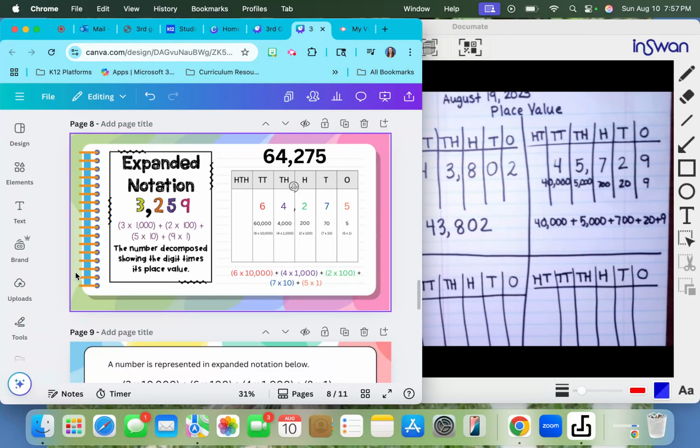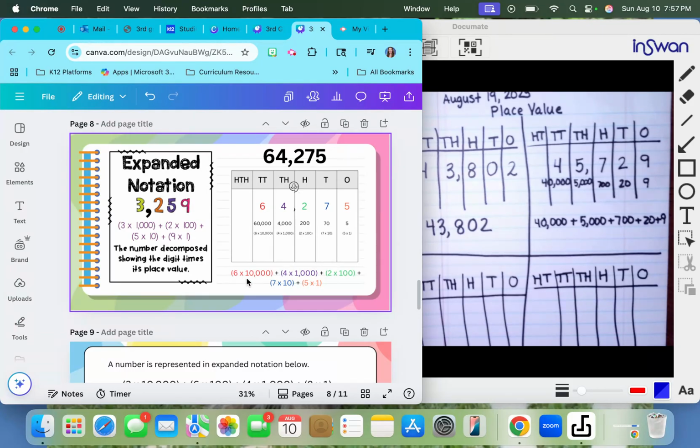So let's take a look at our number, 64,275. We know that our 6 is in the 10,000s place, which means it has a value of 60,000. In expanded notation, that is written as 6 times 10,000.